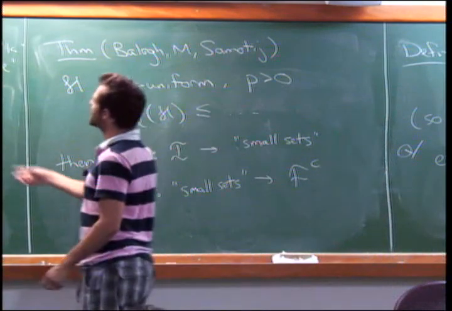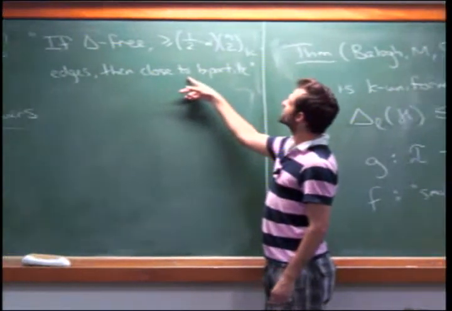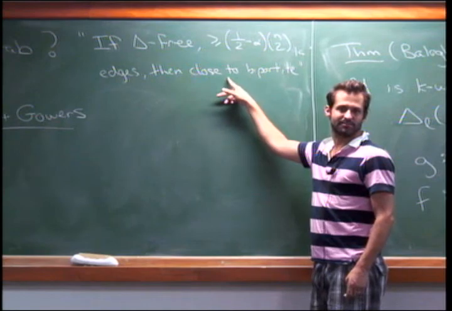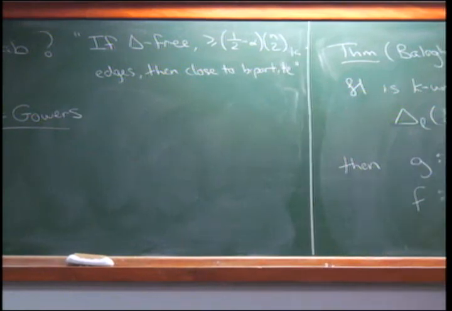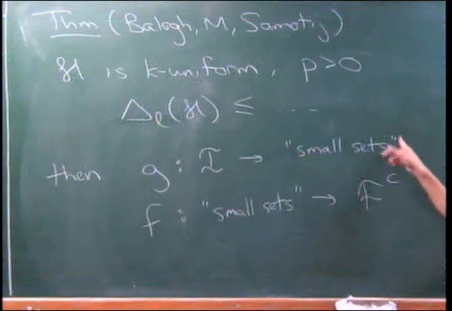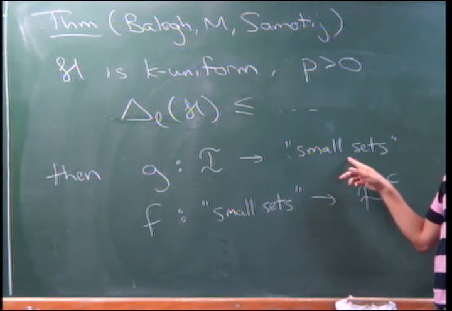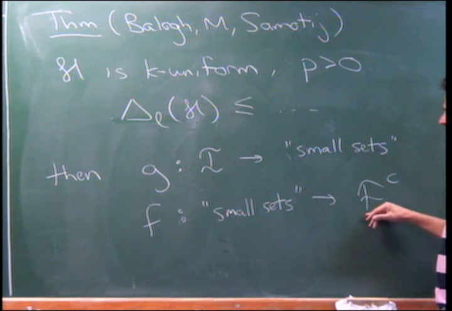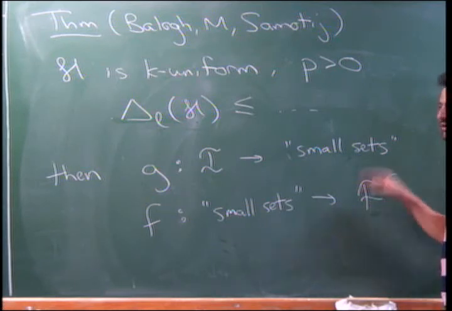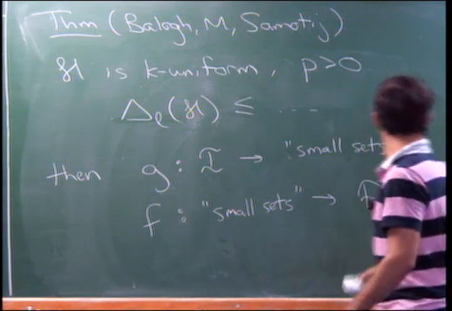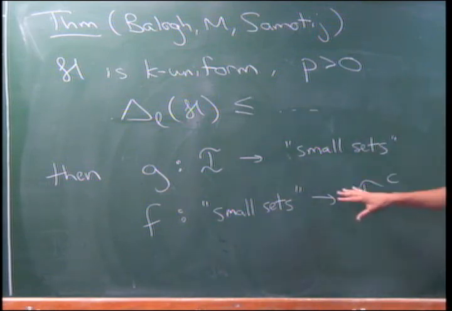Or in this case, the set of things which have at least this many edges and are far from being bipartite. So it basically allows you to encode independent sets as a small set. So there aren't very many of these. And you encode the small sets as things which are not in these families. So that will sound like total gibberish. But the proof of this is reasonably simple.